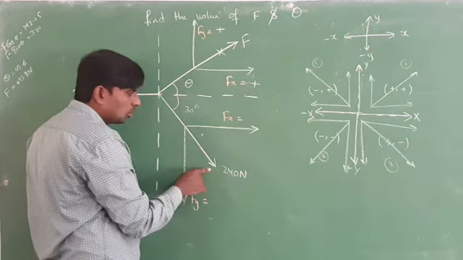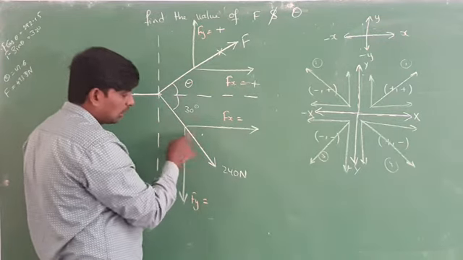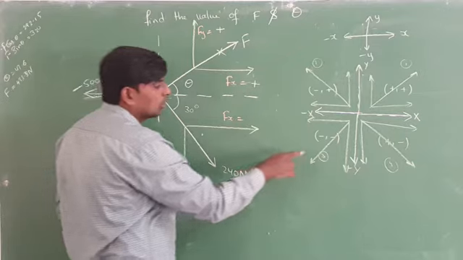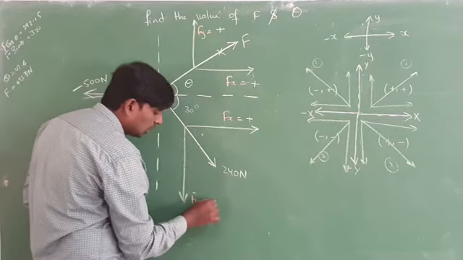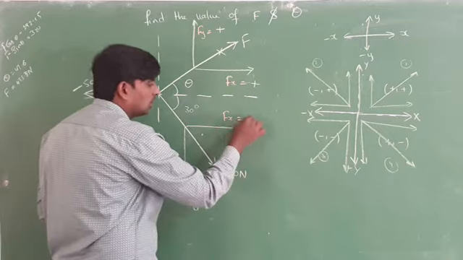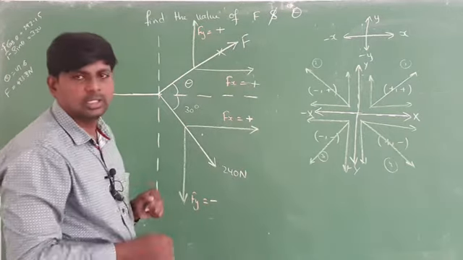After that you have to resolve this one. In which coordinate is it lying? Fourth coordinate. The sign of x in the fourth coordinate is positive, the sign of y in the fourth coordinate is negative.